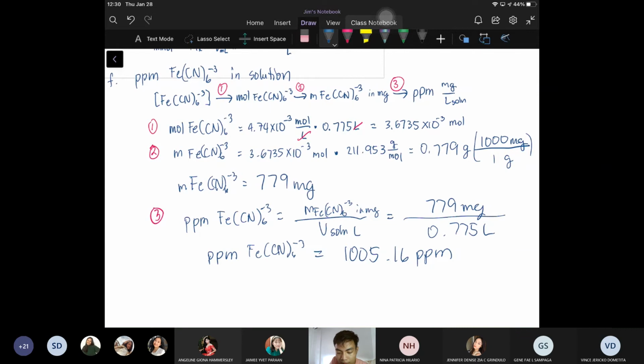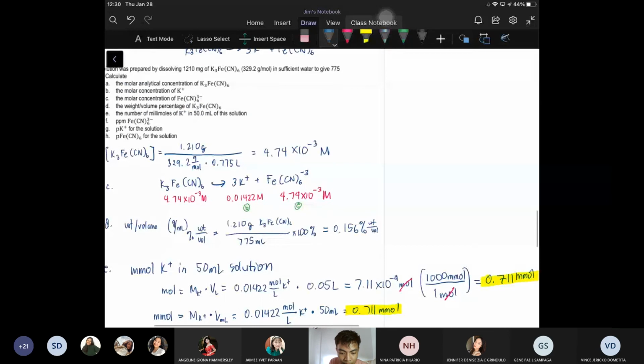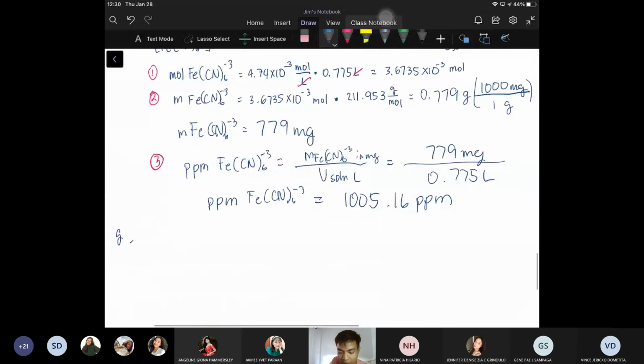Okay, so let's proceed. Letter G and H, malapit na tayo. So, for letter G, that's pK plus. Ay, ito madali lang. pK plus. So, ano yung p? That's negative log of the concentration of K plus. Ano ba yung concentration ng K plus?